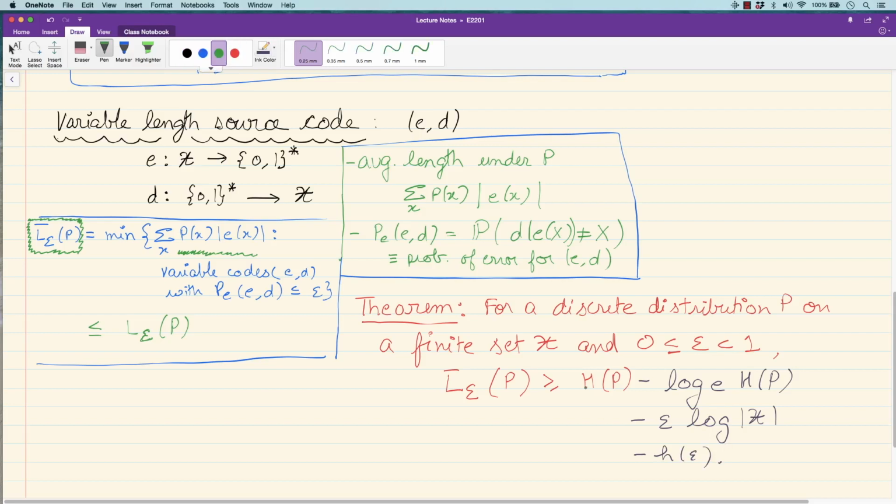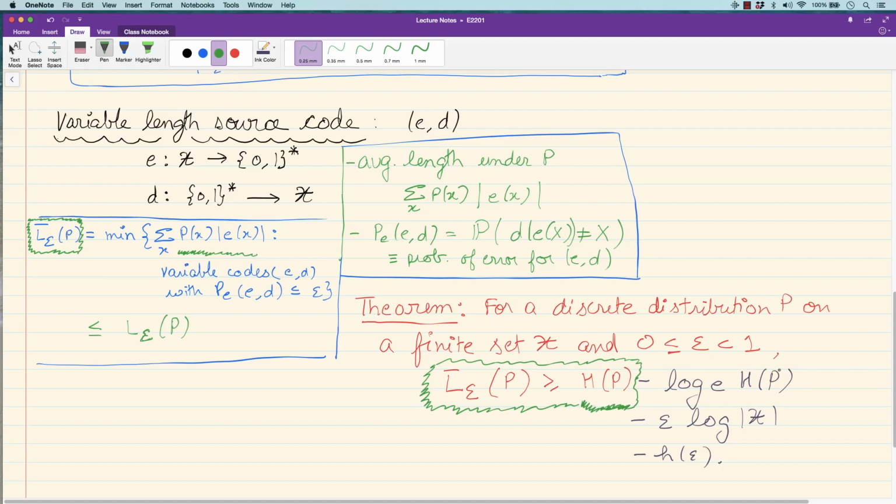That's the result. What this result says is that even in this setting, the basic benchmark is the same: Shannon entropy. That's how you should read this result. The lower bound says that this is more than Shannon entropy, but there is a small gain that you can possibly have, and that's just logarithmic in Shannon entropy.